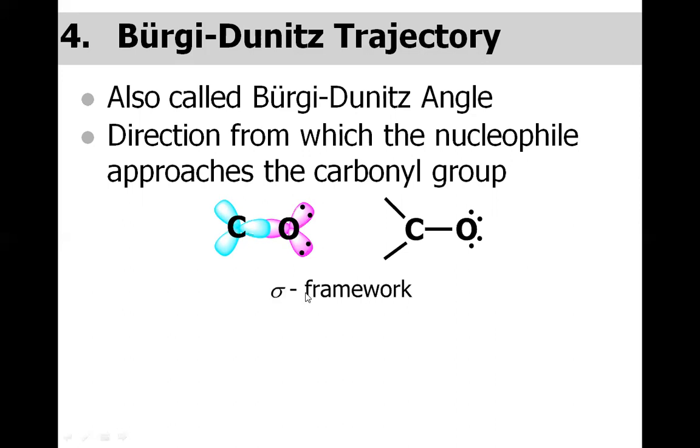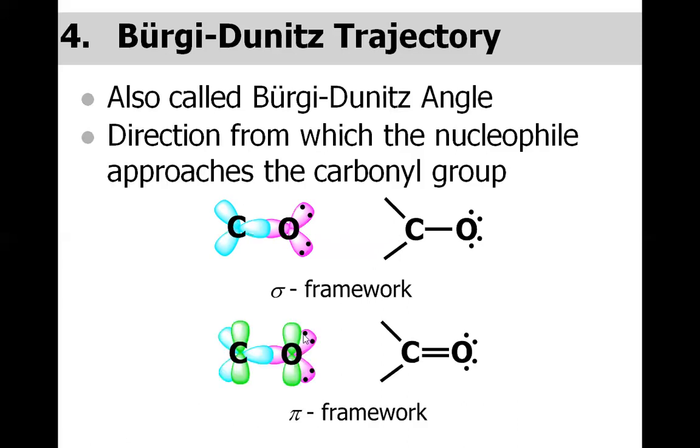One is called the pi sigma framework of the carbonyl. As you know, the carbon and oxygen both are sp2 hybridized, so each has three sp2 hybrid orbitals. The carbon is shown in turquoise and the oxygen in pink. So these are the sp2 orbitals, and for the pi framework, one p orbital which is perpendicular to these hybrid orbitals is shown in green.